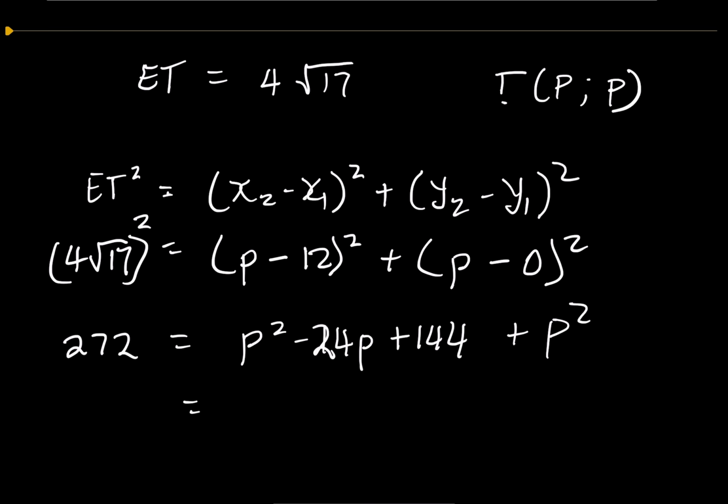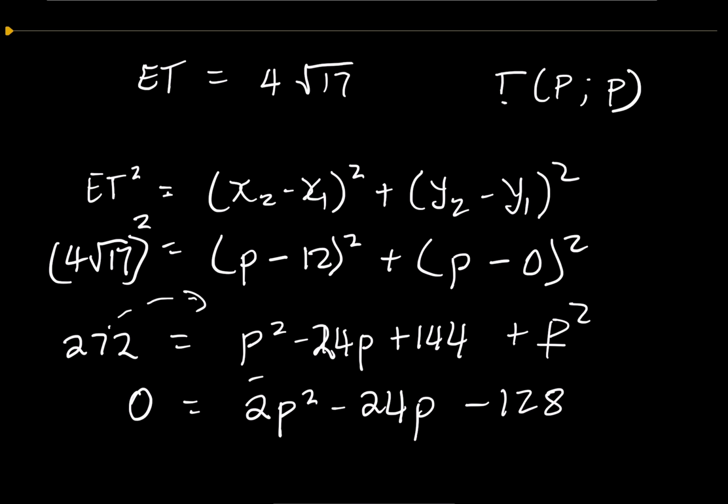So we've got p squared and p squared, that gives us 2p squared minus 24p. If I take that value to the other side, we've got 144 minus 272, and I get a value of minus 128.